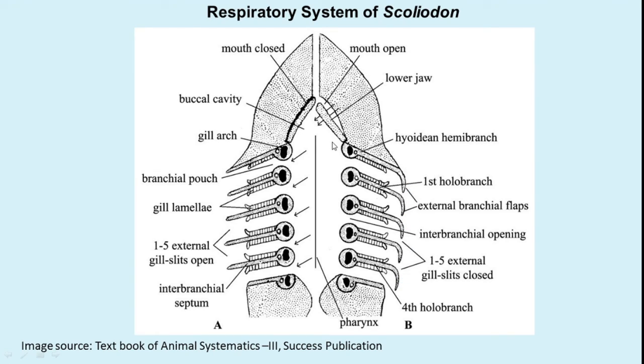Why? Because the exit of water should not be possible. The flaps are shown only on one side, but they are present on both sides. So these flaps become closed once the water enters inside.